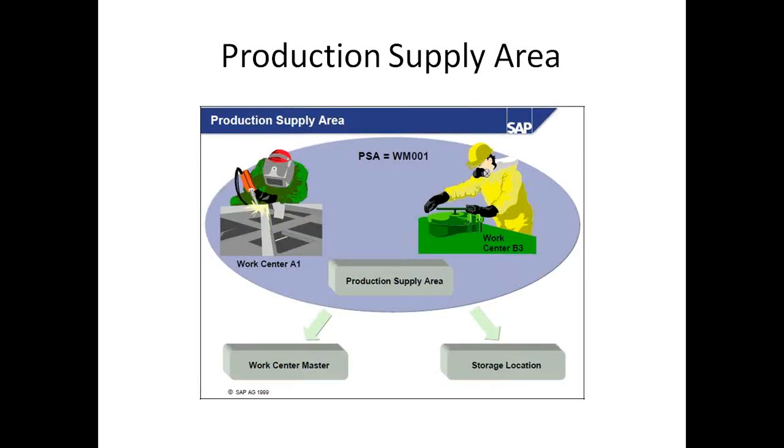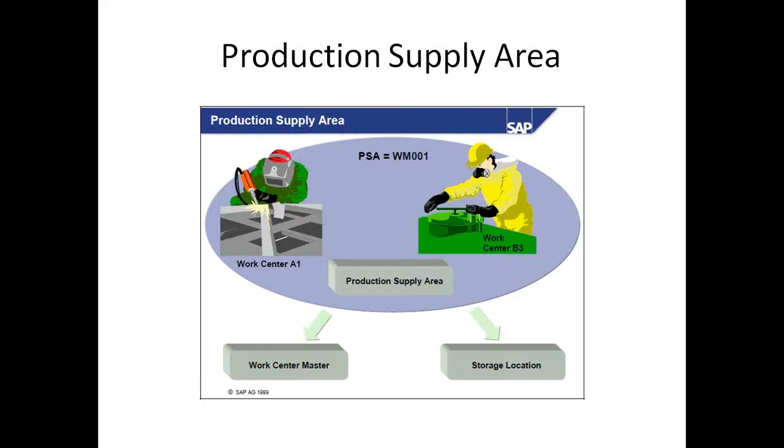In order to do the integration process with production, we need to create some master data. We have a production supply area. The production supply area is the place where we keep the materials, near to the work centers.